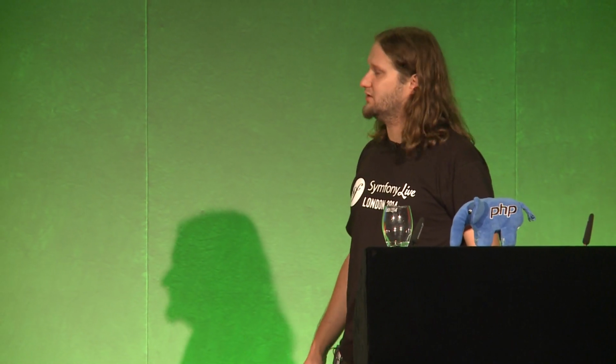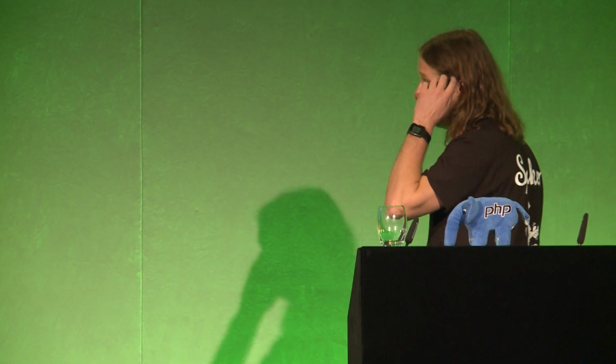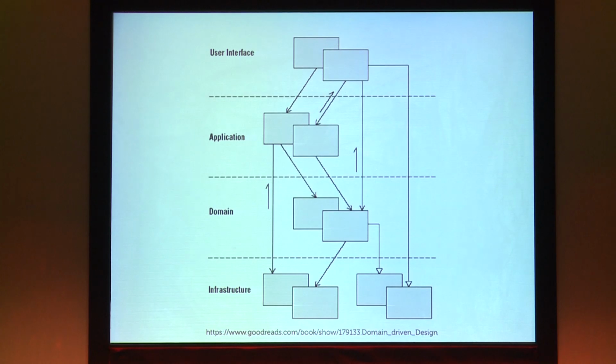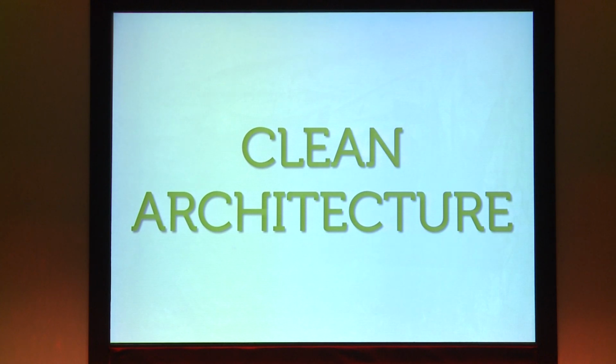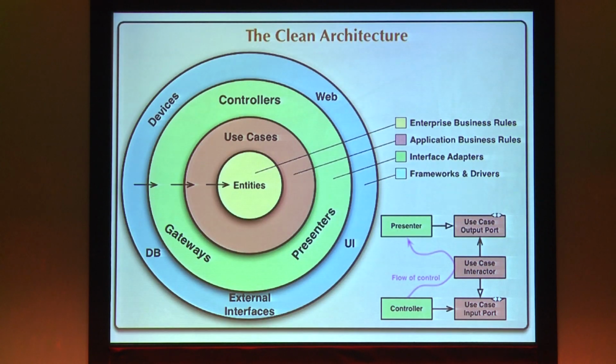There are a few models describing how to solve it. Actually, we're talking about more or less the same thing, just from a different perspective, like layered architecture from domain-driven design. Now, divide your application into layers, and each of the layers can only talk to the layers below. What I like better is the clean architecture model.